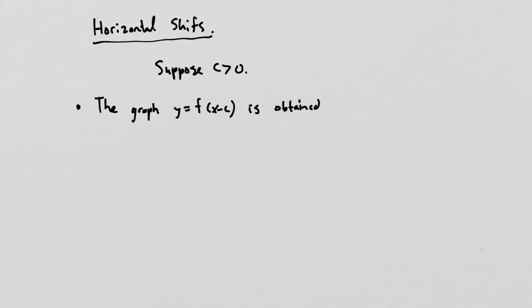Suppose we have a non-negative constant c. Then again, there's two different ways we can shift our graph. In the first case, the graph of the function y is equal to f of x minus c is going to be obtained by shifting the graph of the function y is equal to f of x to the right by c units.